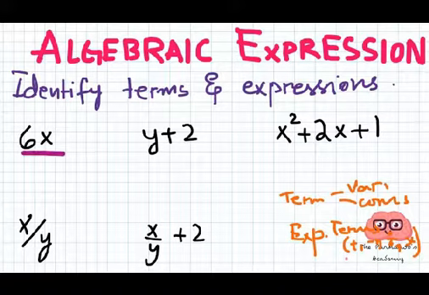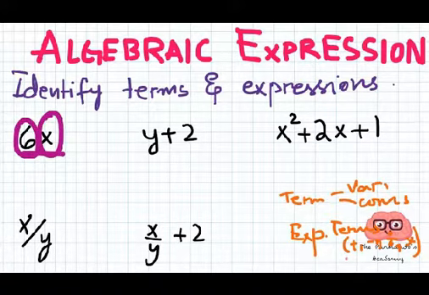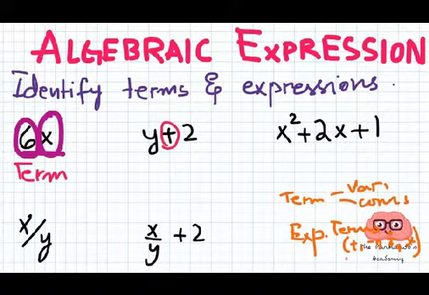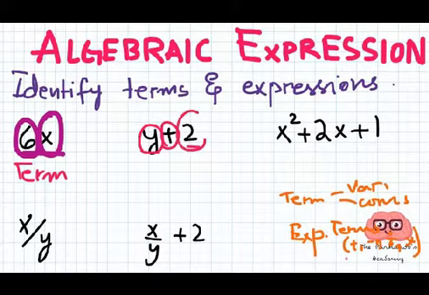Here we have 6x, which is basically the combination of a constant and a variable, and there's no operator here, so this is a term. If you see here, we have a plus sign in the middle, and this is a separate term, this is a separate term, so these two terms are separated by this operator, so this is an expression.